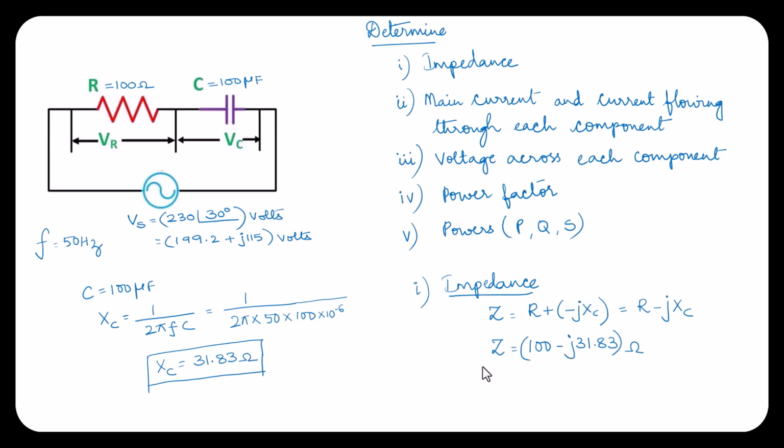In polar form, it is given as 104.9 at an angle of minus 17.65 degrees. Again the unit will be ohms. Okay, so the impedance of the circuit is as shown.